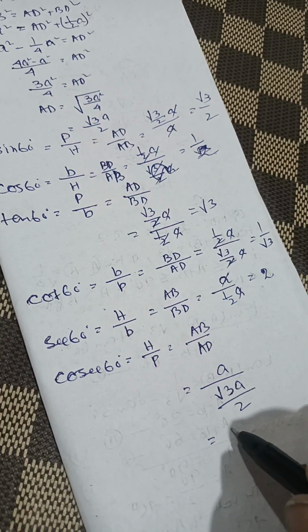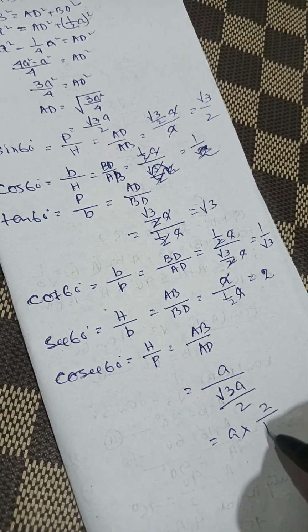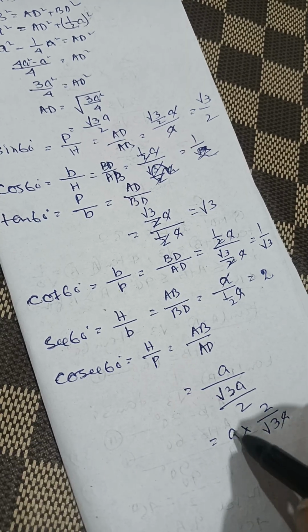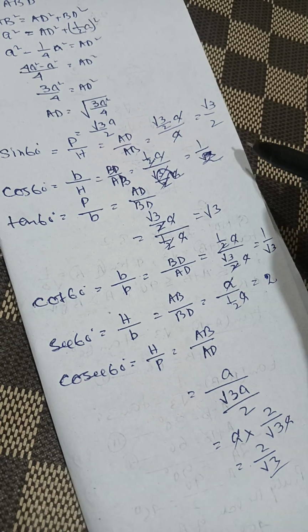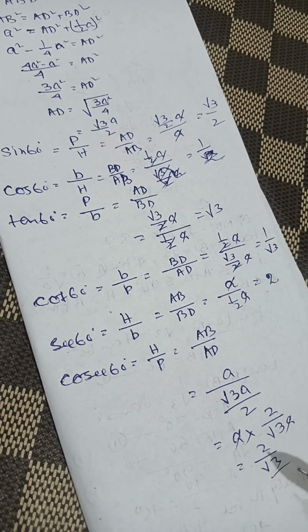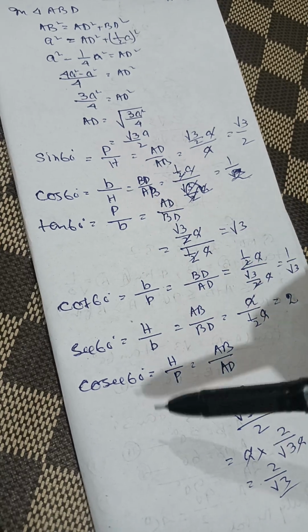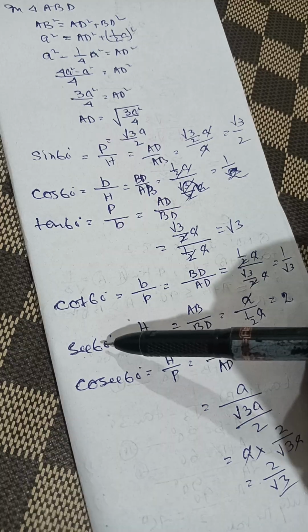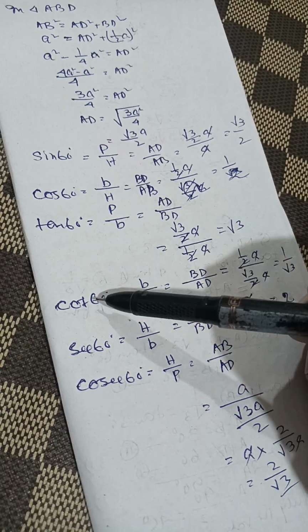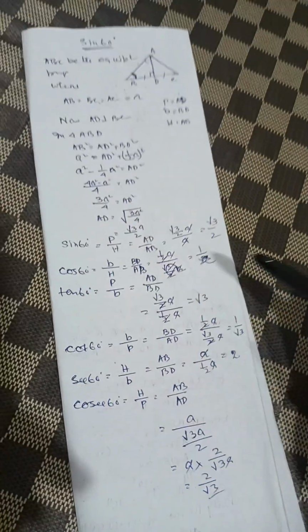So this can be written as A into 2 by root 3A. A cancels. Answer will be 2 by root 3. You see the reverse: root 3 by 2, 2 by root 3. Always sin 60 and cosec 60 are opposite in nature. Cos 60 and sec 60 are opposite in nature. Tan 60 and cot 60 are also opposite in nature.